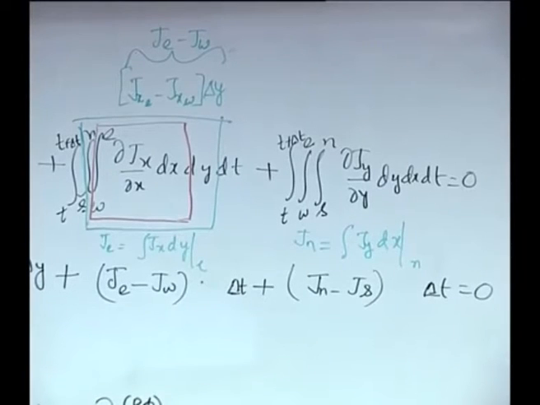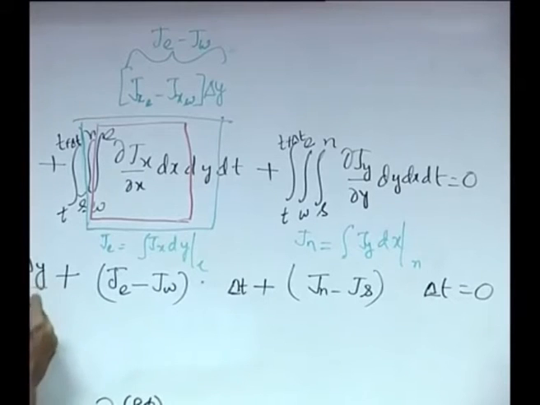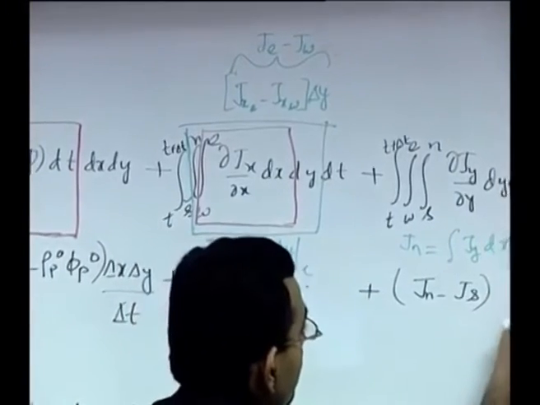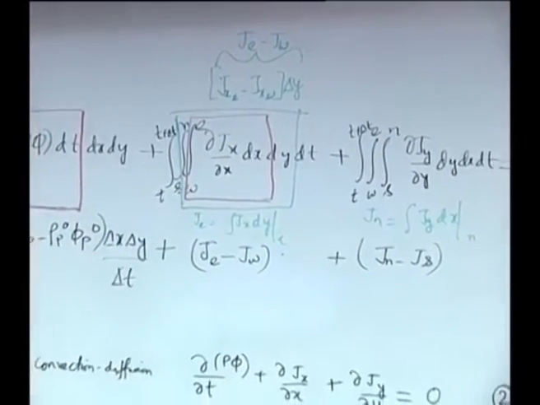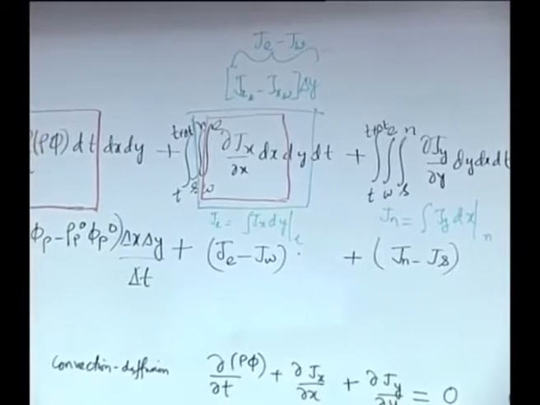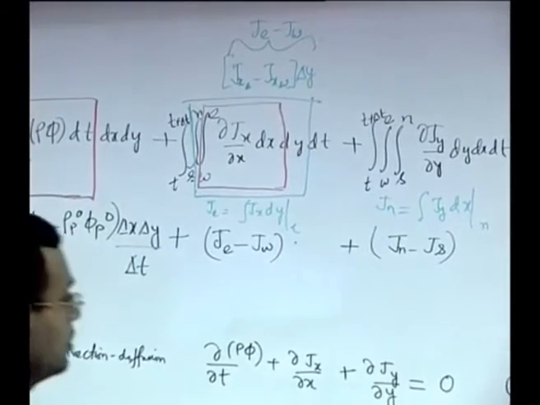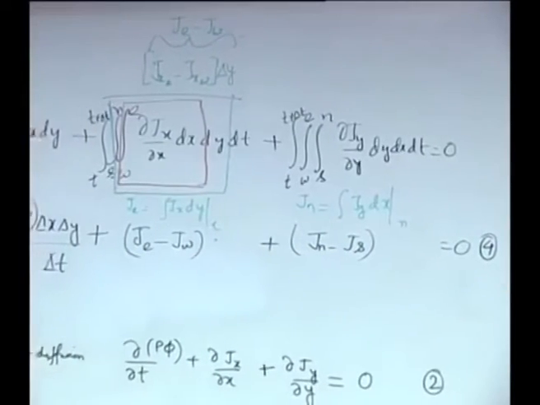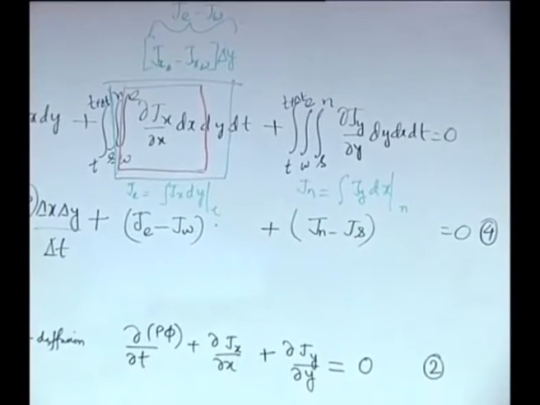Now, you can again divide both sides by delta t as you did for the continuity equation. So, the discretized equation will come as this. Let us say this is equation number 4. Equation number 1 and 2 were the continuity and the convection diffusion equation.